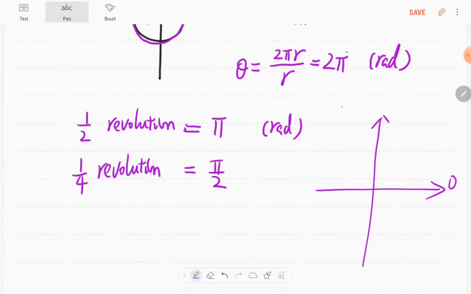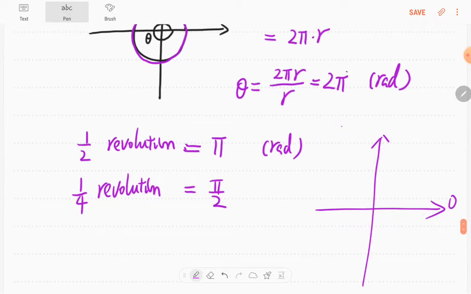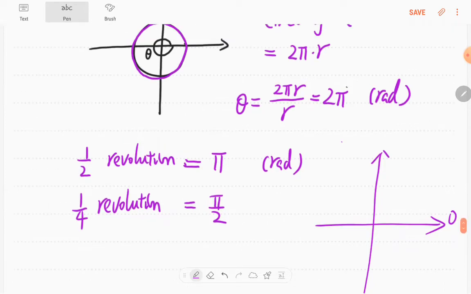Here 0 means 0 radians. The reason is the corresponding arc length: if there is no rotation between the initial side and the terminal side, the arc length is 0. So 0 divided by r is equal to 0. So this is the 0 radian.